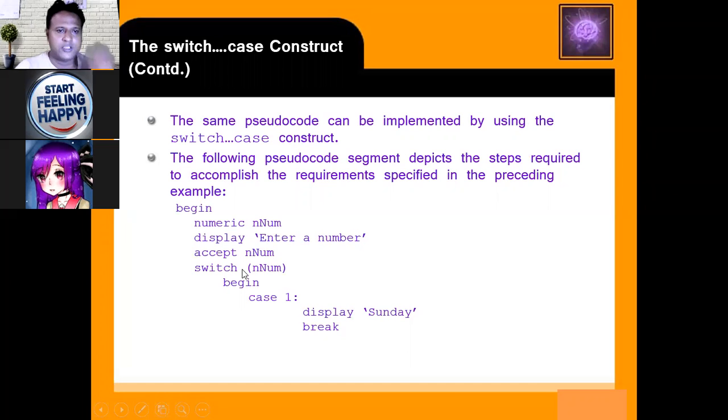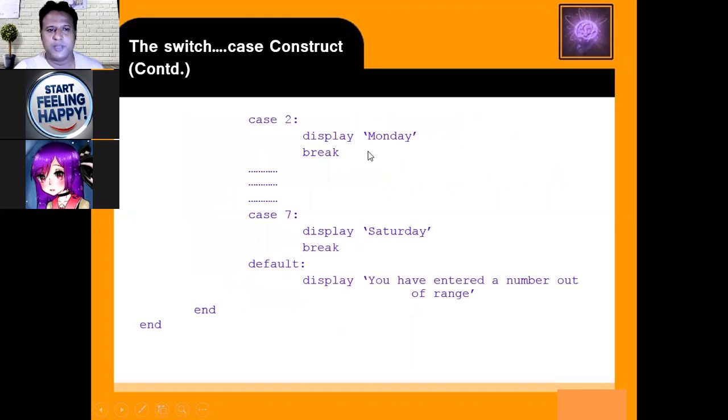Then switch, which number you accept, you put it here. If the value that you enter matches case 1, then it displays Sunday. If you pass 2, then it displays Monday. And if you pass any other value apart from 1 to 7, then the default statement is used.